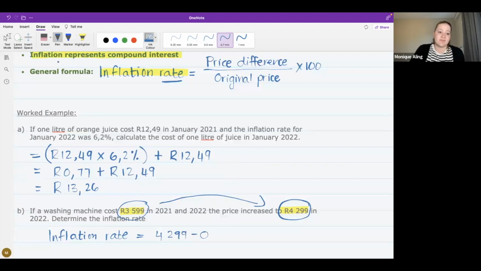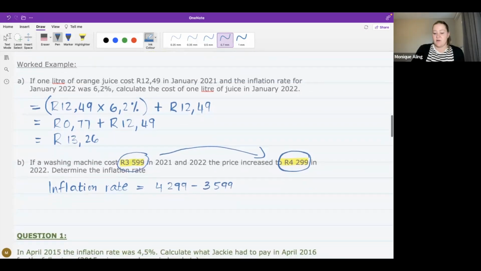Then we put it over the original price, or the first price, the old price, 3,599, times by 100.